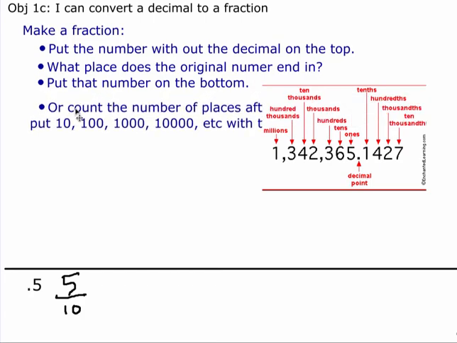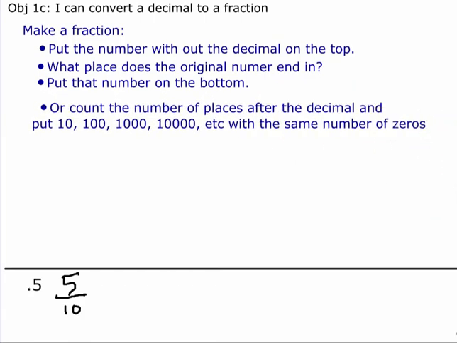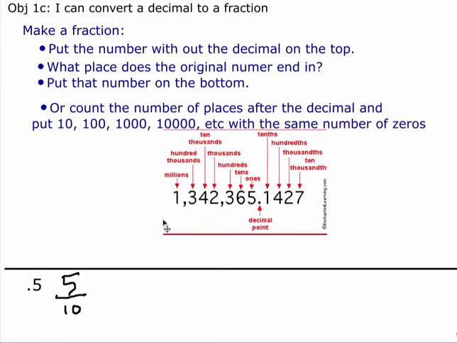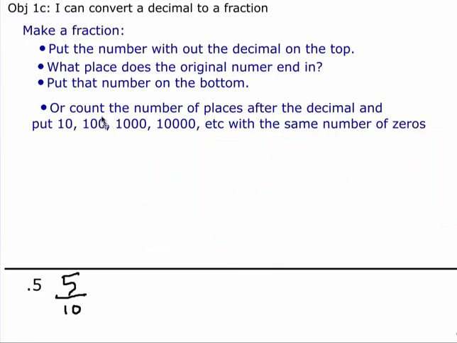Another way to think of this is counting the number of places after the decimal and putting a 10, 100, 1,000, 10,000, etc., with the same number of zeros. So I have one decimal place after the decimal.